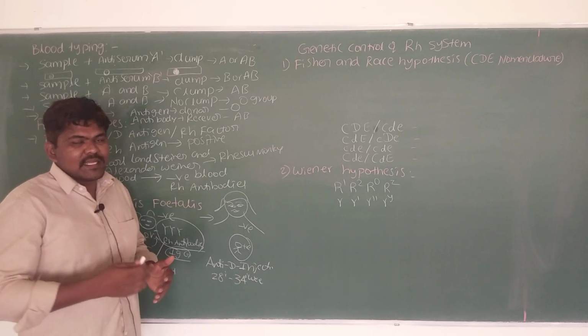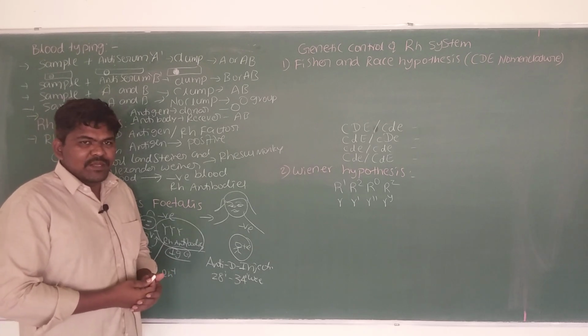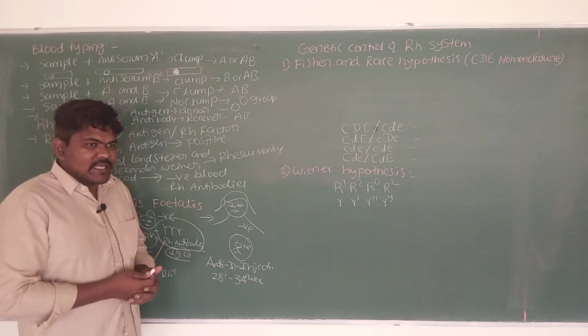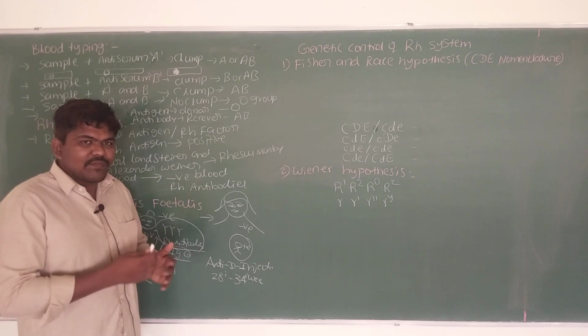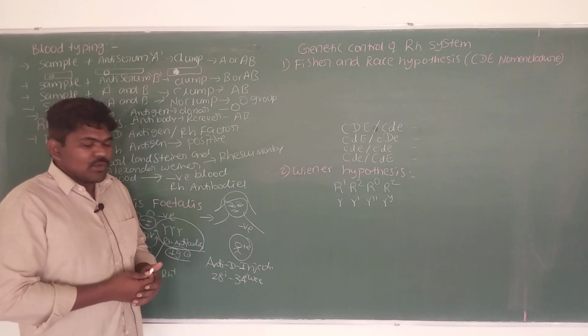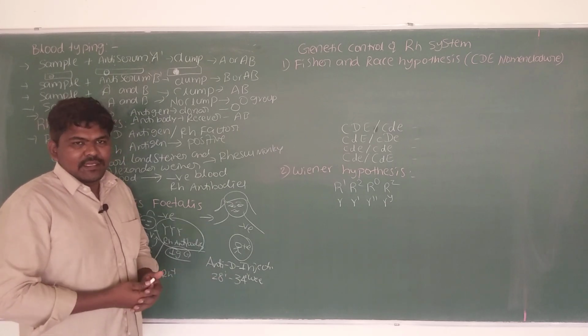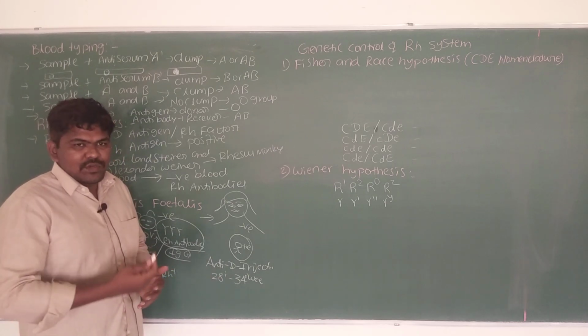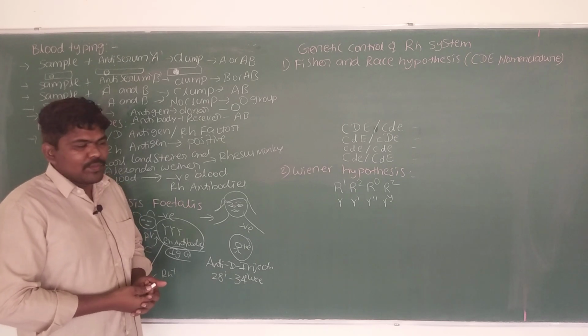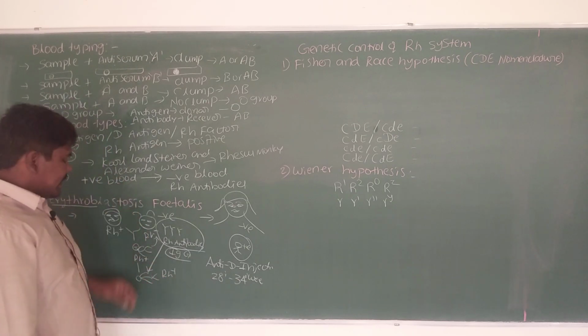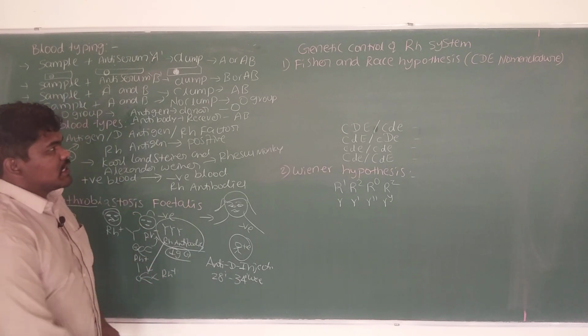In that condition there is formation of Rh antibodies. To destroy those Rh antibodies, to prevent the formation of Rh antibodies, we have to give an anti-D injection as soon as possible after the delivery to the negative blood group mother. That is about the erythroblastosis fetalis treatment.